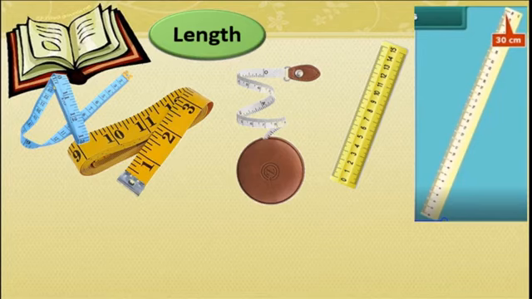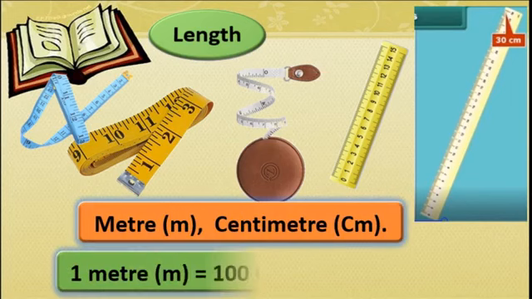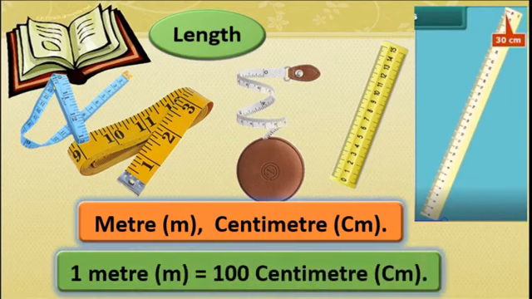And we get different types of tapes, and meter and centimeter are the units. Here 1 meter is equal to 100 centimeter, and meter we denote by m and centimeter by cm, isn't it?